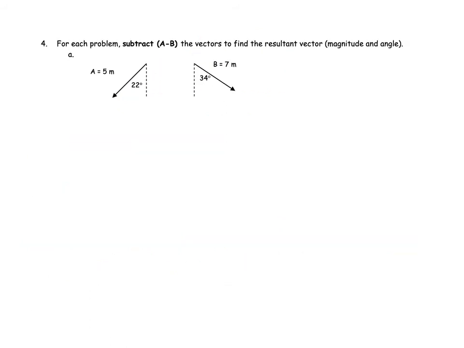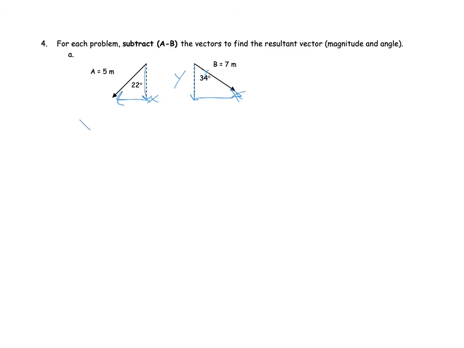Alright, so we're going to move on to some vector subtraction, which we're going to do basically the same way. We're still going to start by finding our components. Okay, so I'm going to draw the components of vector A and vector B. We're going to go ahead and find the x and y components of each.